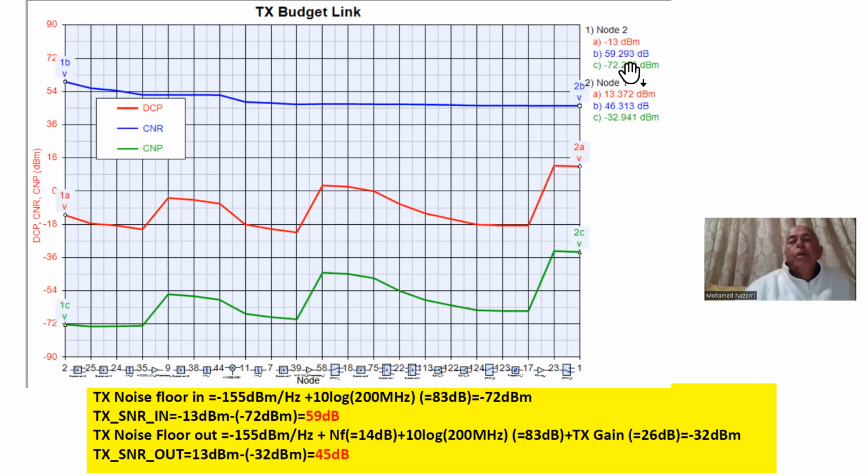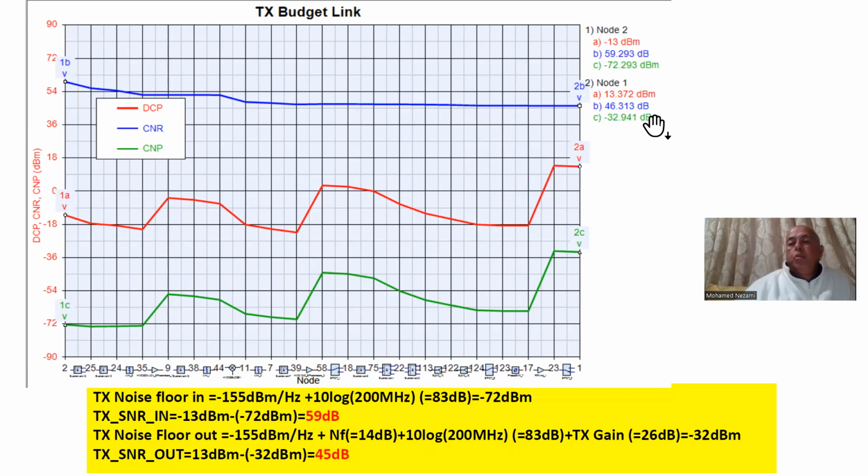It's about 60 dB. Now let's go to the other end, right at the input of the antenna elements. We have 13 dBm out of each beamformer, but the noise floor is really minus 32 dBm. That's because the minus 155 dBm per hertz from the DAC gets degraded by 14 dB, which is the noise figure, and then gets integrated over 200 megahertz, and that gives you minus 32 dBm.